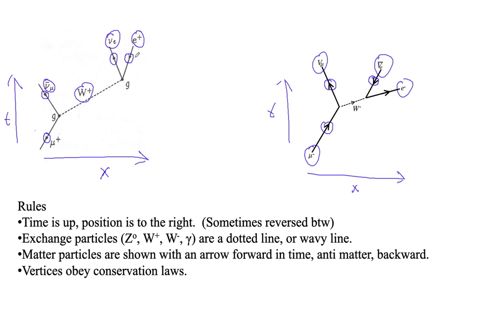In this case, we have a W minus, because this is a negatively charged thing over here. If it's a positively charged branch over here, you'll use a W plus. And if it's neutral, by the way, then it'll be a Z naught. You'll see that.